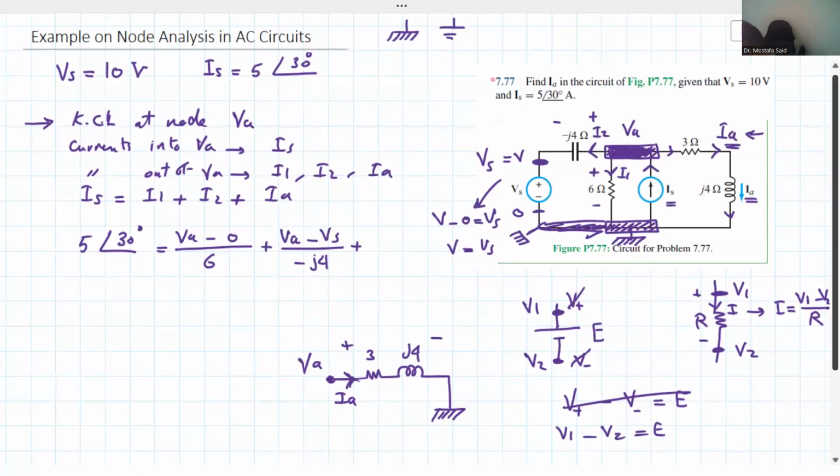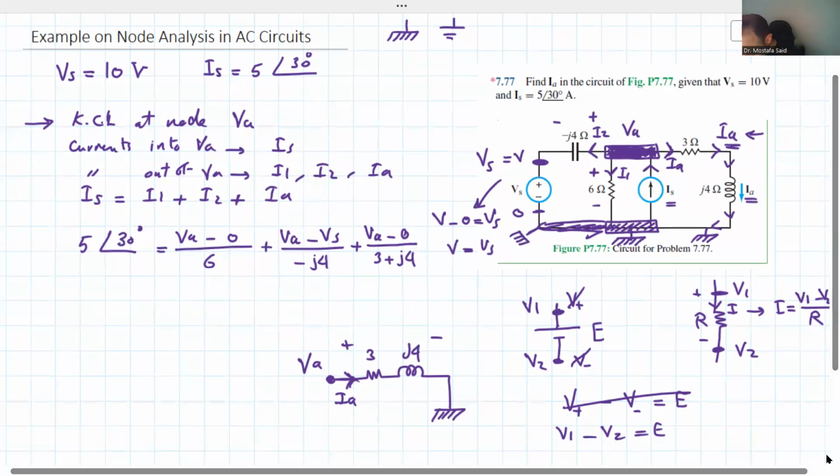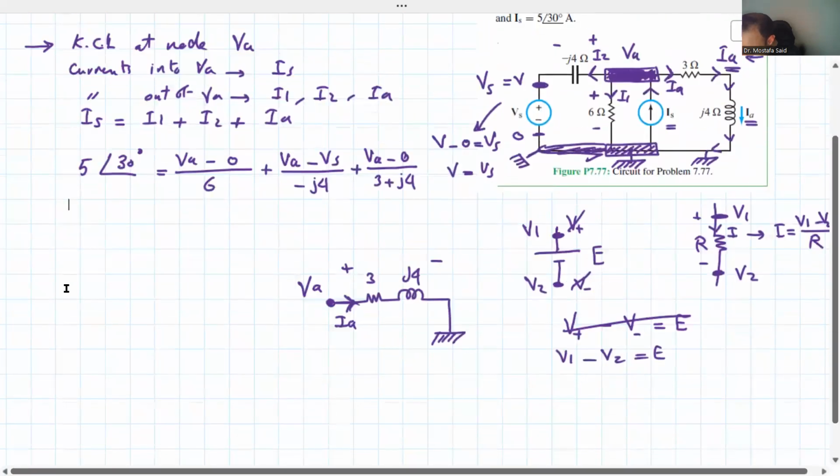So this is IA going from this node VA and flowing until it reaches the ground. So IA is basically VA minus 0 over the whole impedance, 3 plus J4. You can combine any two impedances in series. We're going to do this a lot. Good. So that's basically the equation at node VA.